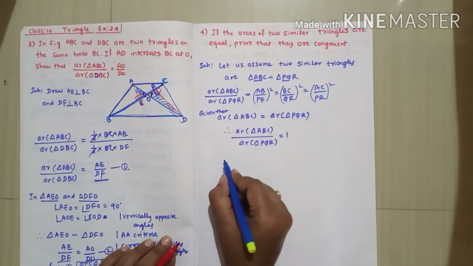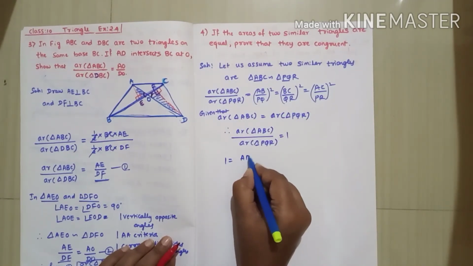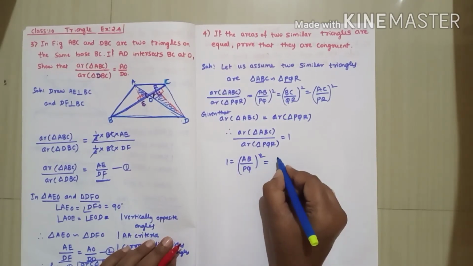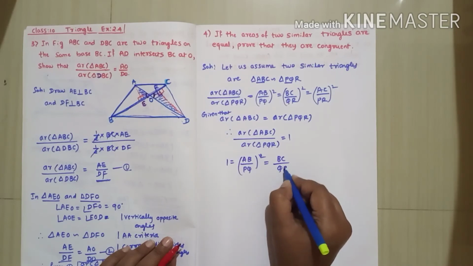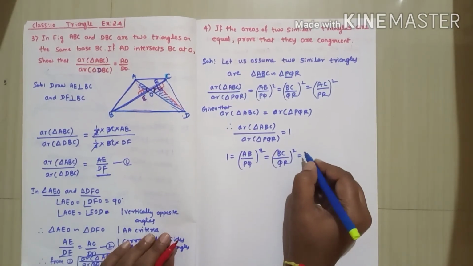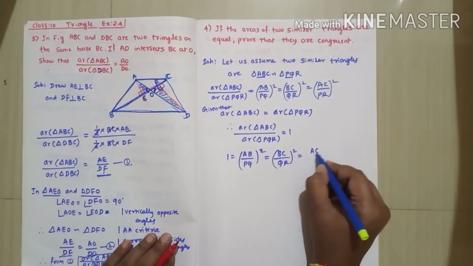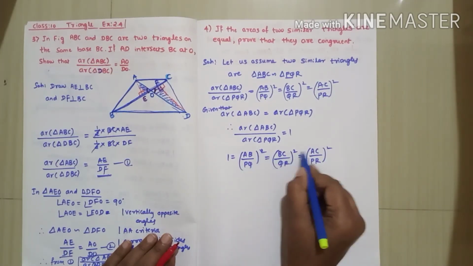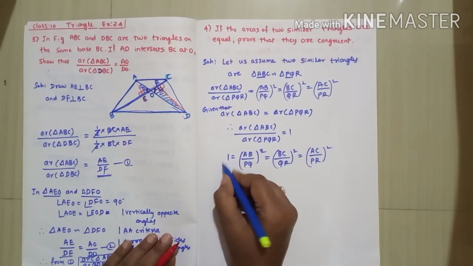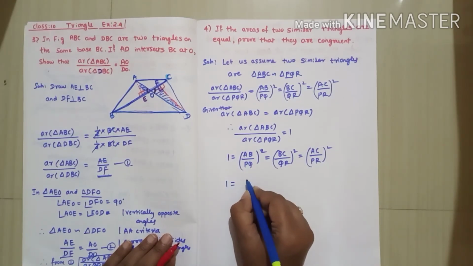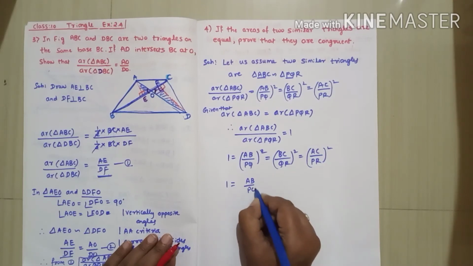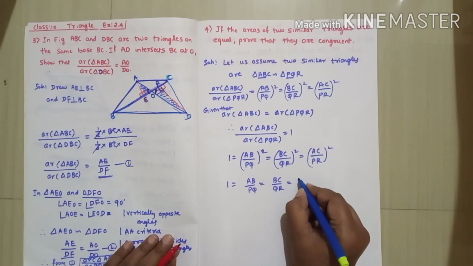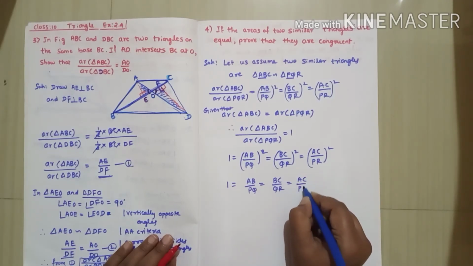So in this now 1 is equal to AB divided by PQ whole square is equal to BC divided by QR whole square is equal to AC divided by PR whole square. Now remove these squares and you have to put the square root here. Square root of 1 will be 1 only. Therefore, AB divided by PQ is equal to BC divided by QR is equal to AC divided by PR.